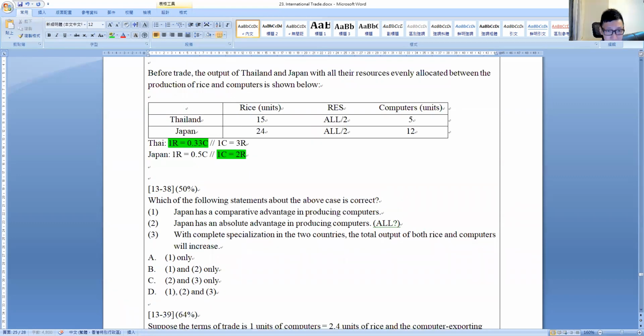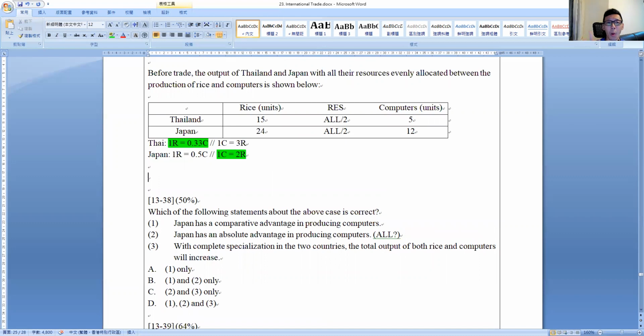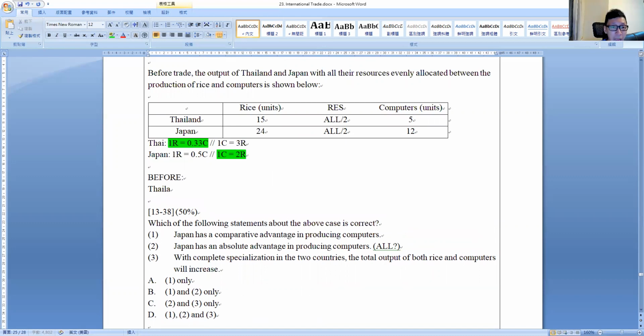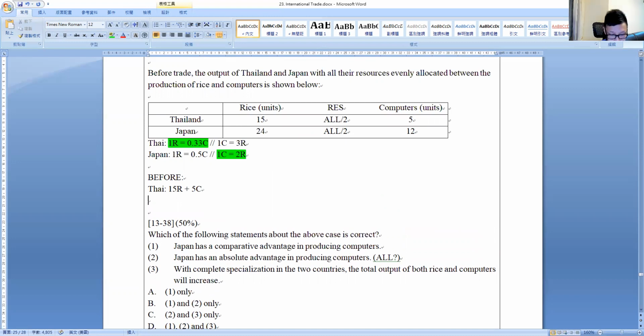Now let's say before they do trade, what happens? Thailand would make 15 rice plus 5 computer. Japan would make 24 rice plus 12 computer.